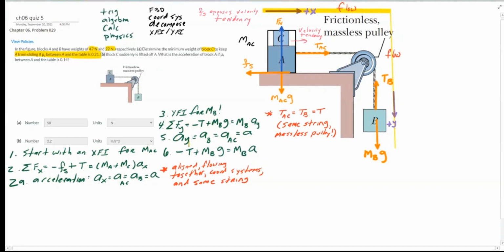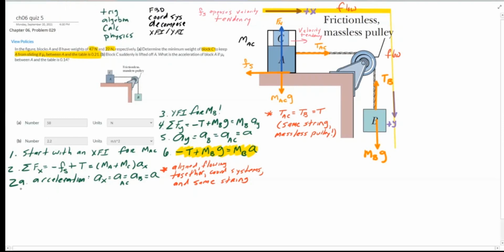I have taken my Y force inventory for block B as far as I can go. And as I look at block AC, I haven't taken that as far as it can go. I need to go back and do 2B.